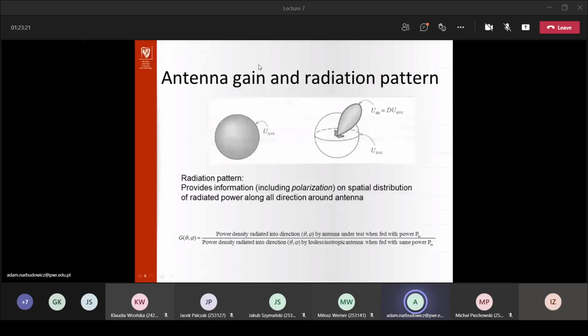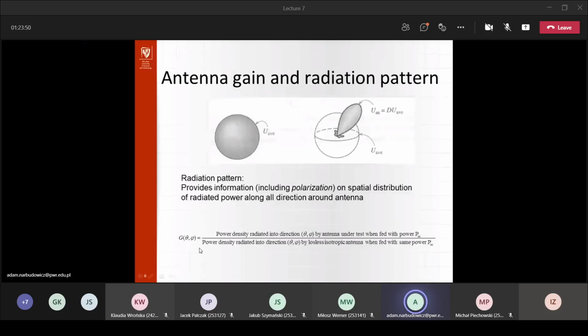Why is this convenient? Because we don't need to worry about how far from the antenna we are. From the antenna perspective, the energy decays the same way from isotropic and non-isotropic antennas. That removes the distance from our equation, and we can characterize only the antenna by itself.